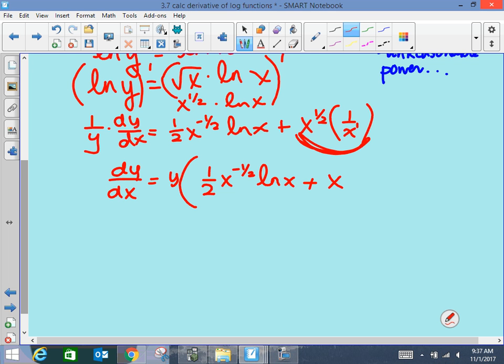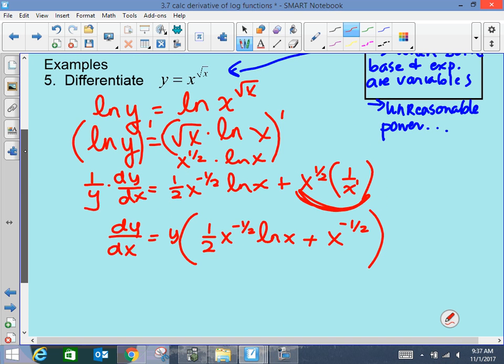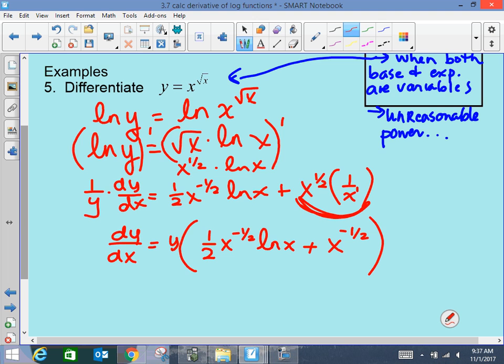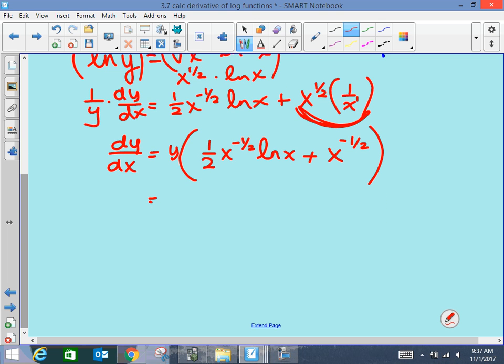X to the negative 1/2. Wow. That was a struggle. All right. Now we're officially done, but remember, y is a simple little thing. Let's just put it back in. And then we have our derivative in terms of x. How do you know when to do that?